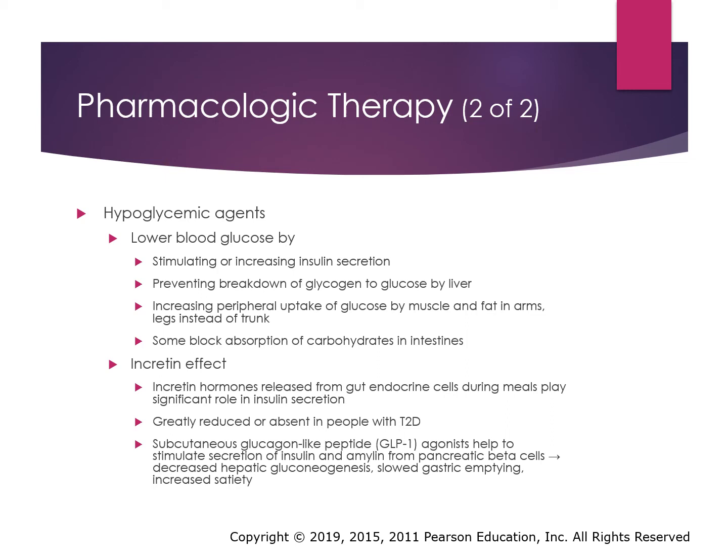Victoza is really not an insulin, it helps the hormones do their job. And this is done by injection. These types of drugs help stimulate insulin and amylin secretion from the pancreatic beta cells, and we know how the beta cells work from listening to the lecture on type 1 diabetes.